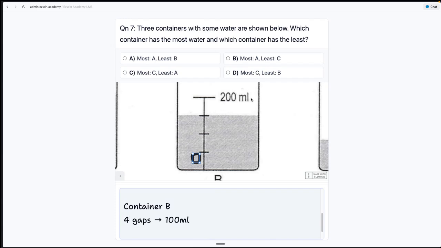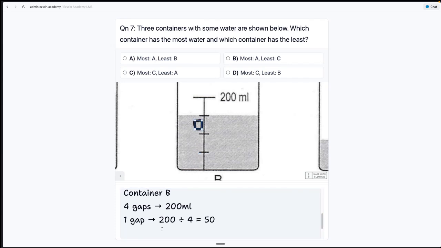And how many milliliters is 4 gaps? 200. So one gap is equal to 200 divided by 4, which is equal to 50. And then for B, we need to know how many gaps. So it's 1, 2, and 3. So 3 gaps is 50 times 3, which is 150. So container B is 150.